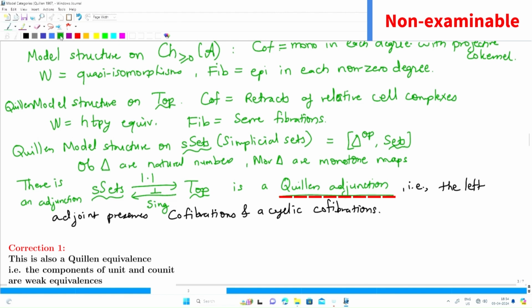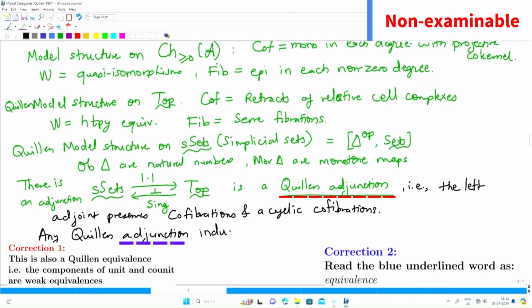So this is a Quillen adjunction, and any Quillen adjunction induces an equivalence between homotopy categories.